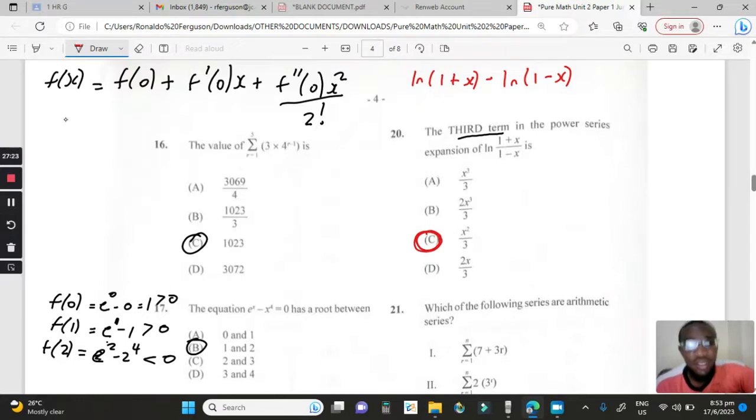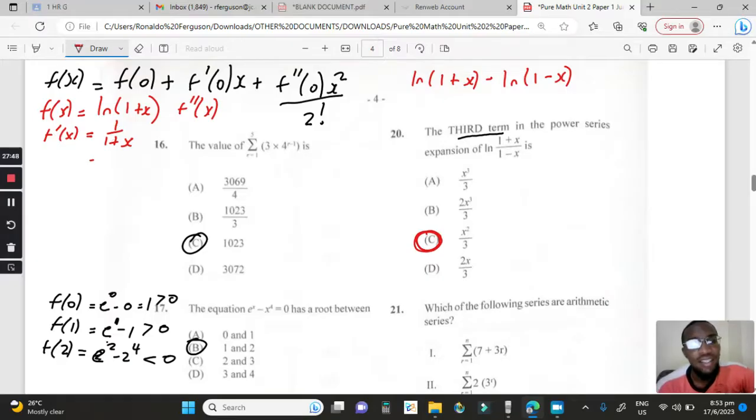So we differentiate. f of x first would be ln 1 plus x. And we don't need to find f of 0, we need f prime, f double prime. So f prime of x would be 1 over 1 plus x. So the second derivative, we differentiate this. This is really 1 plus x to the minus 1.